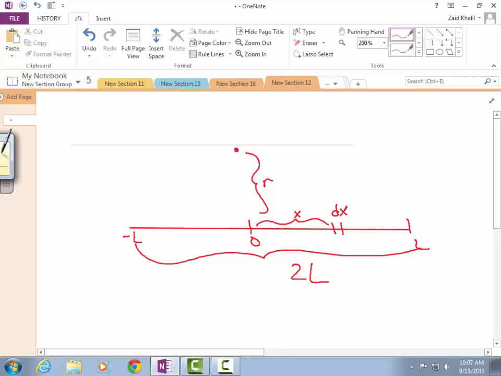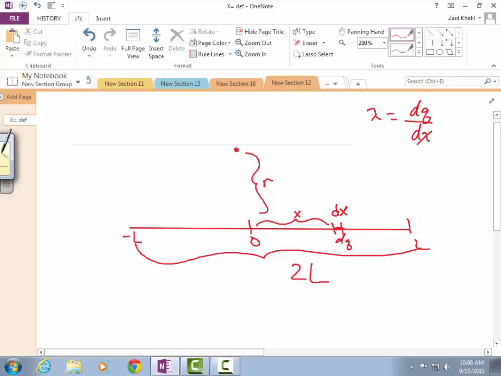And so what do you have here? Let's suppose it's uniform charge density, meaning lambda is constant, and lambda is always equal to dq over dx. So this right here is your dq, which has length dx.